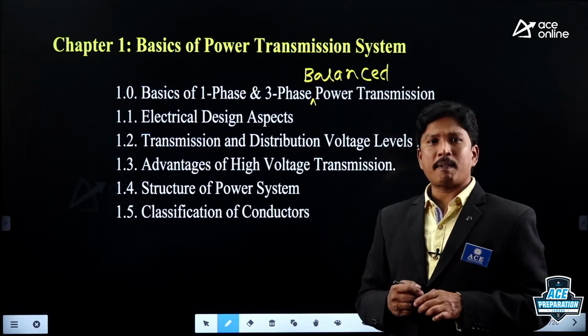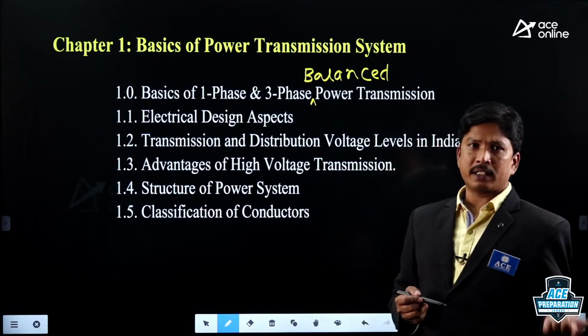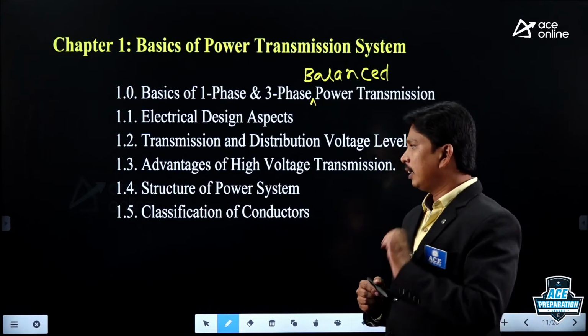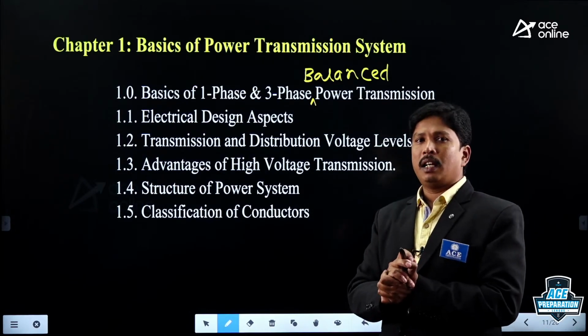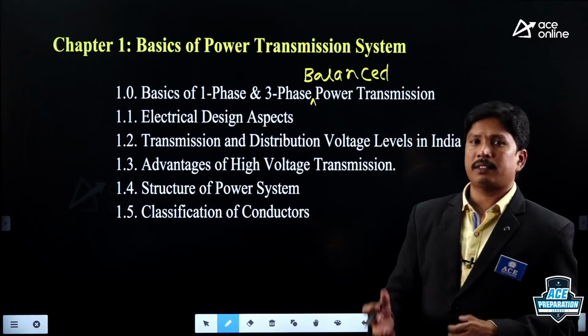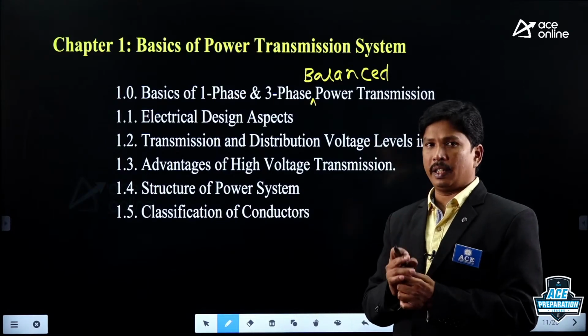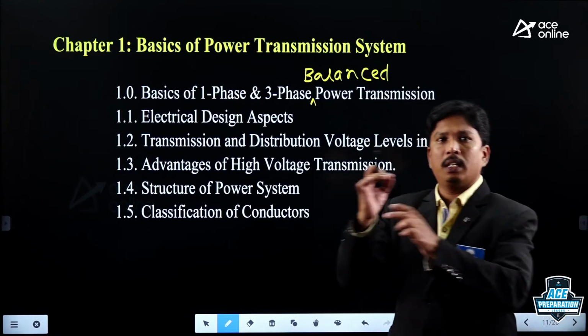And in the structure of power system, we are going to see about feeders and distributors, and we'll see what the service mains are, and what connections we can use for the transformers from the sending end to the receiving end, which means from generator to the load center.